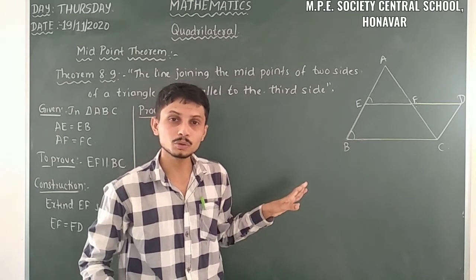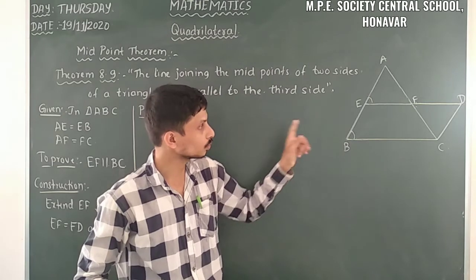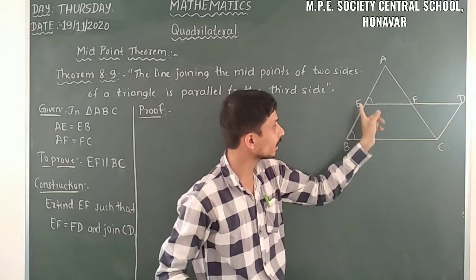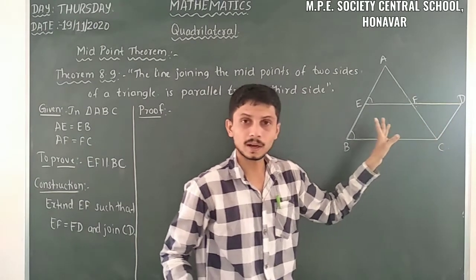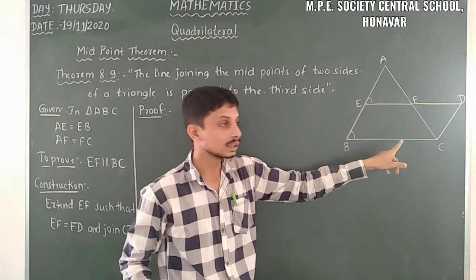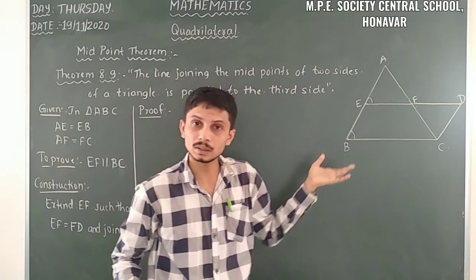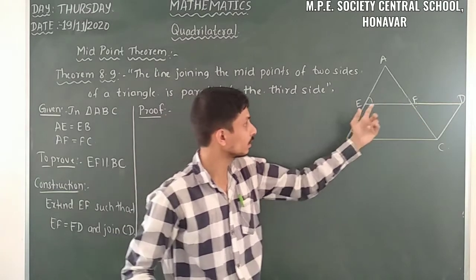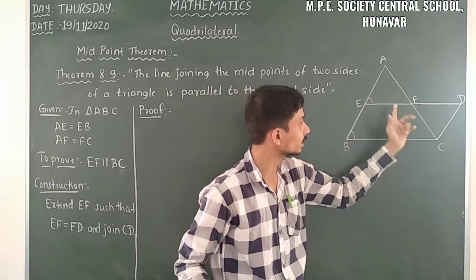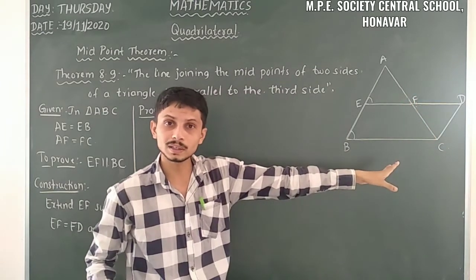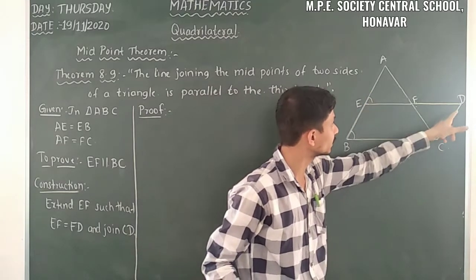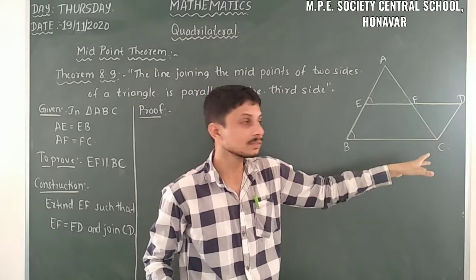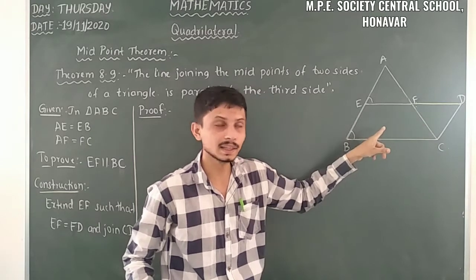So for that, what do you have to do? Just observe here, angle AEF and angle CDF. I will take those two triangles, because here we can take some of the equalities. This is equal to this, and this equal to this, and these two form vertically opposite angles. Angle AFE is equal to angle CFD.